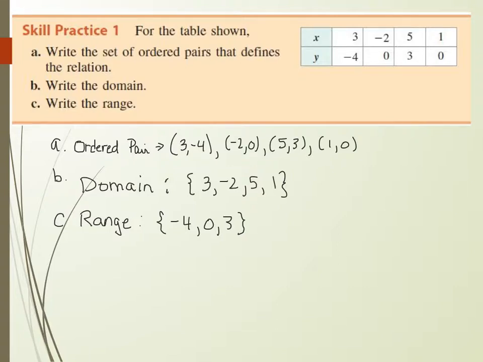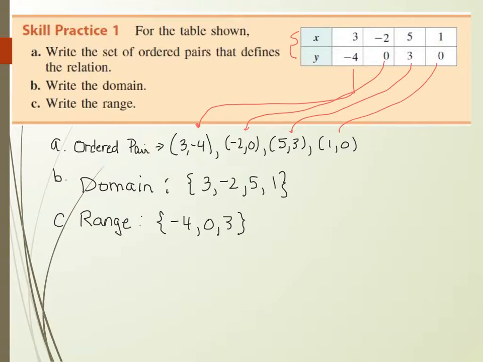Practice 1. For the table shown, write the set of ordered pairs that define the relation, write the domain, and write the range. So for our ordered pairs, we have (x, y), and for each of these ordered pairs, we can write it in parentheses where x is first and y is second.